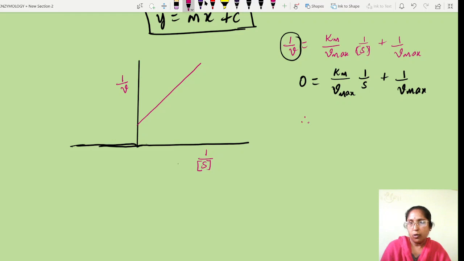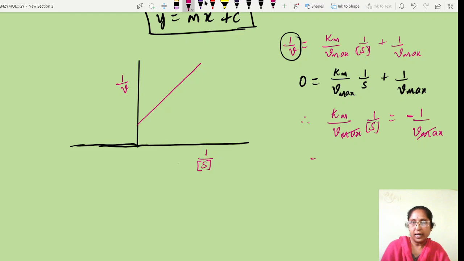Therefore Km by Vmax into 1 over s is equal to minus 1 over Vmax. So this Vmax and this Vmax can be cancelled.